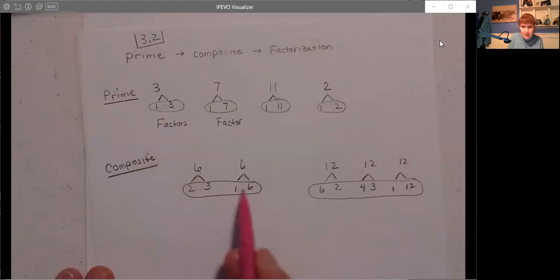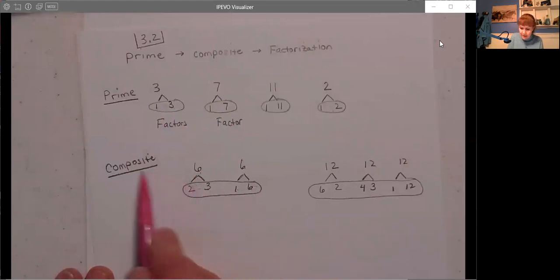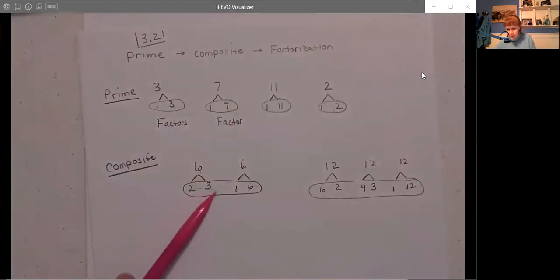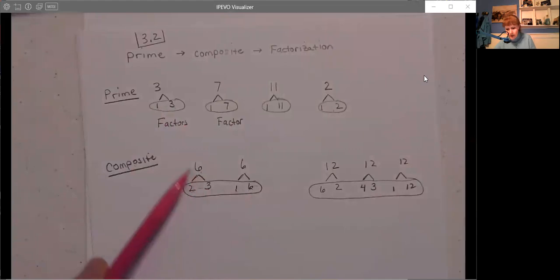These are the factors of 6. So if it's a composite, your factors are more than 1 and itself. It could be 2 and 3. All right. So again, these are called factors, and the factors can give you the product when you multiply them together.